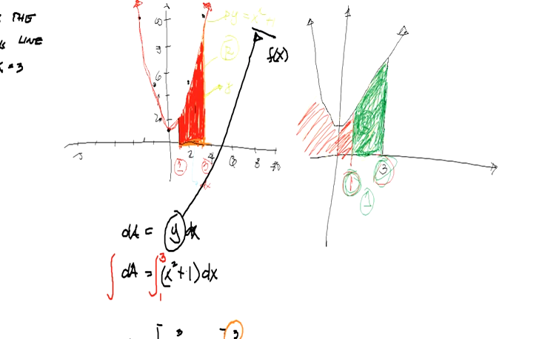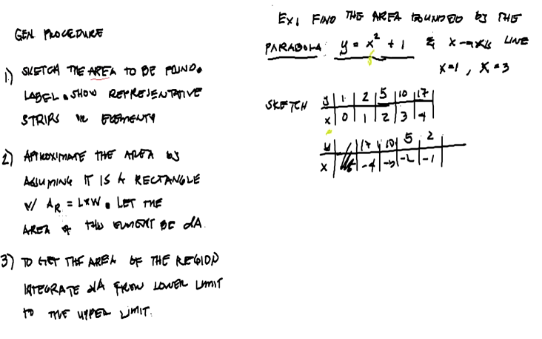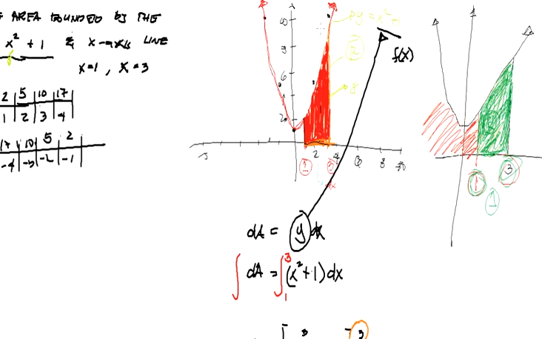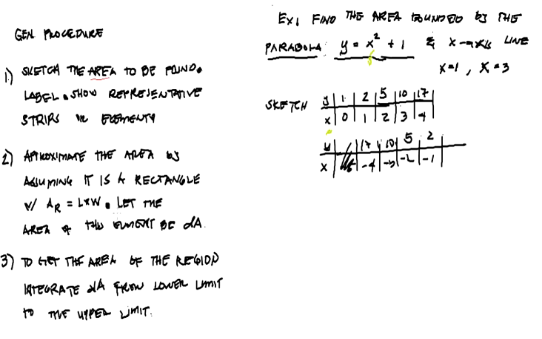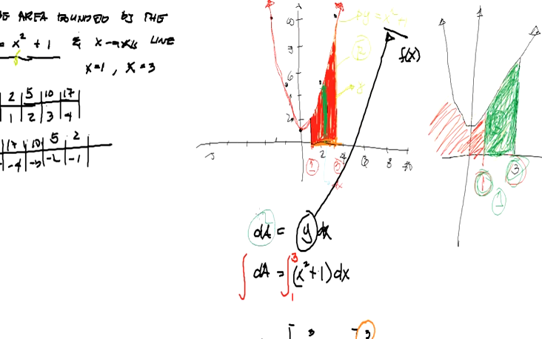Okay, so once again, we have a general procedure: sketch, then label, show some representative strips or elements of our rectangle. Then approximate the area using length times width and let the area of this element equal dA. Then our length y is equal to this function of x, and our width is dx.